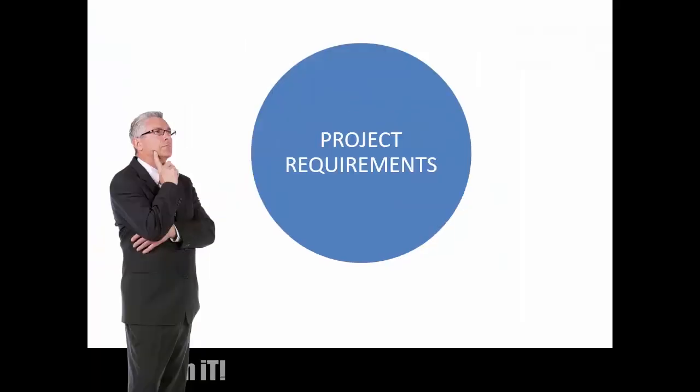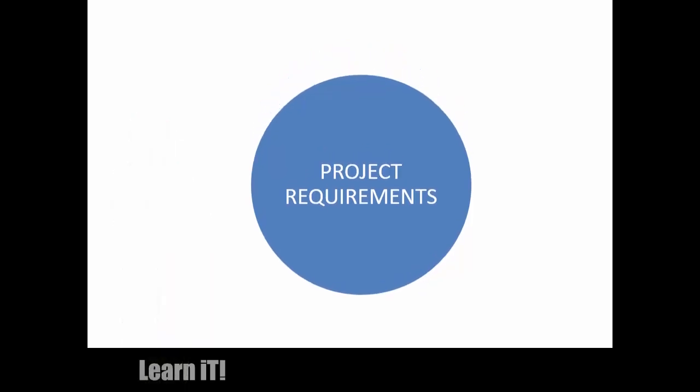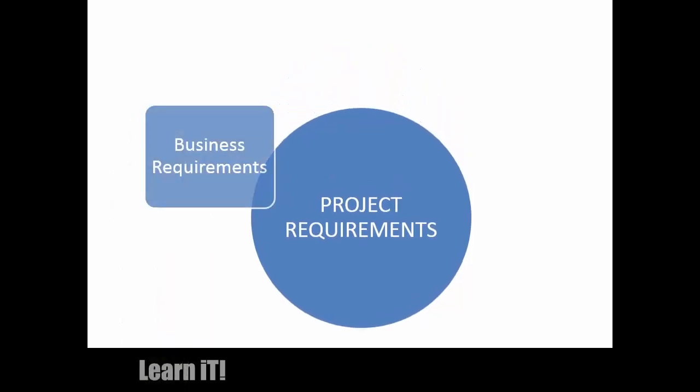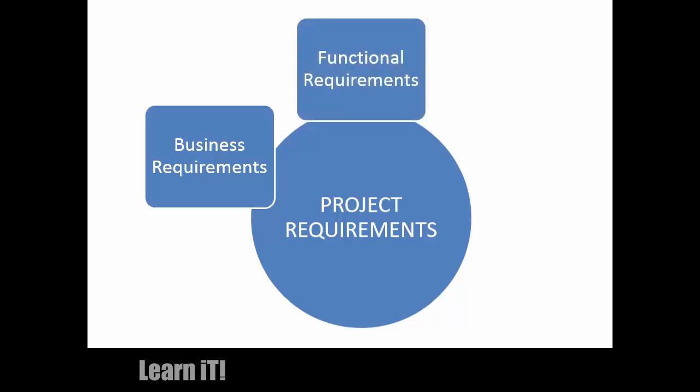If you're a project manager learning about project requirements, you'll learn that there are different types of project requirements. For example, you've got business requirements, which is basically what the business needs out of the project. Then you've got functional requirements. This is basically what does the project need to get done. You make a big list of all the things that it's supposed to do and the features that it'll need to make that happen.